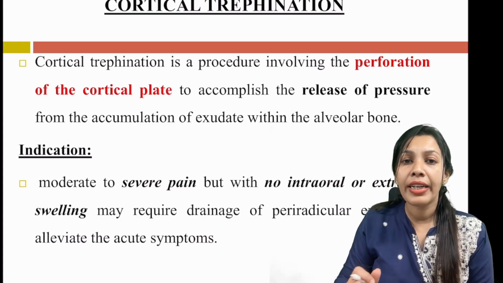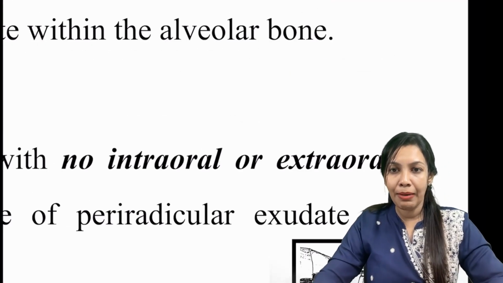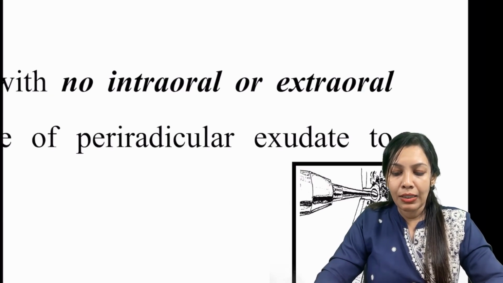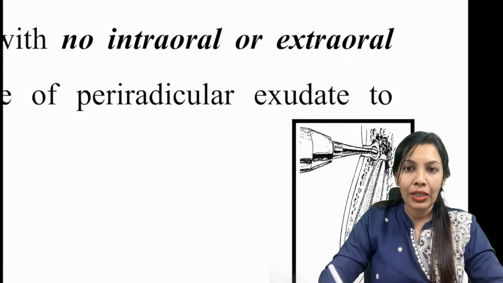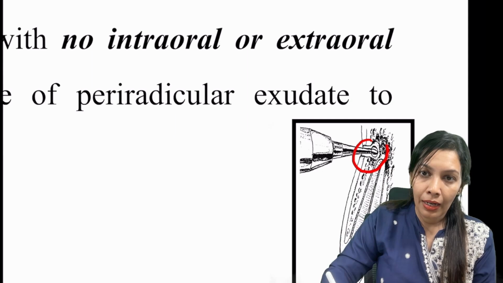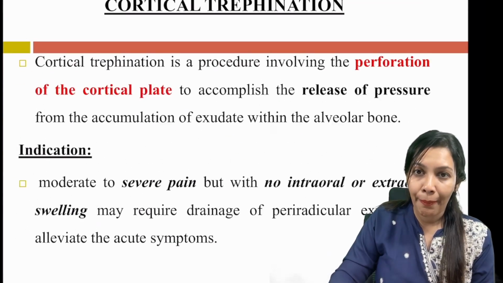Next is cortical trephination. Cortical trephination is a procedure, as you can see in this image. Cortical trephination is a method where a small window is actually created on the cortical bone. As you can see in this image, a small window is created in the cortical bone so that we can have access towards the periapical area.